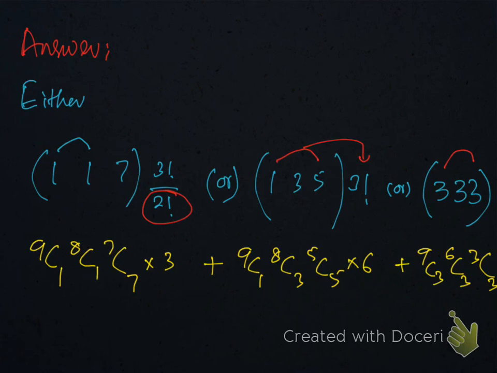For this one, write 9C1, because we have 9 fruit pies. When you give 1 to the first person, you will have 8, then 8C1, then you have 7, then 7C7, and the simplified form of 3 factorial upon 2 factorial is 3, which is here.